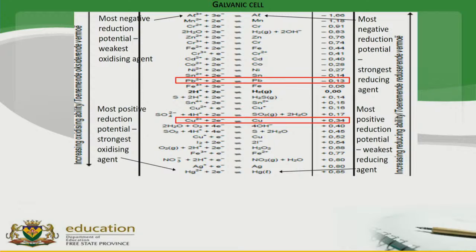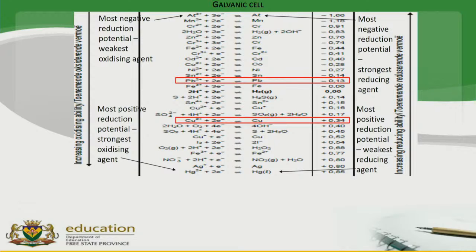And then when we move to the left hand side, you can see that the arrow points downwards, saying increasing oxidizing ability. Substances on the left hand side of the arrow, excluding the electrons of course, are oxidizing agents. When you move down your table, your oxidizing ability increases. So the one towards the bottom is a stronger oxidizing agent than the one towards the top.